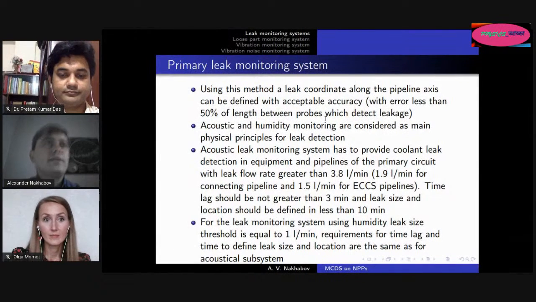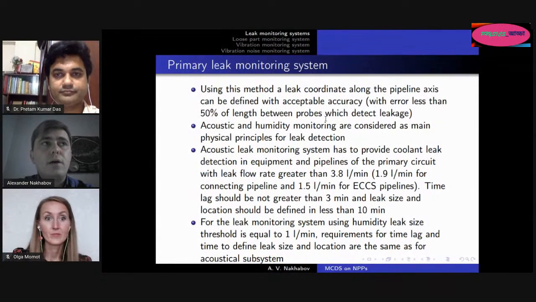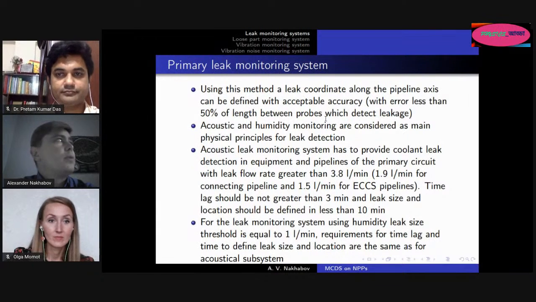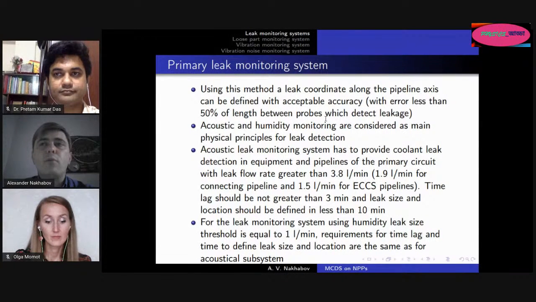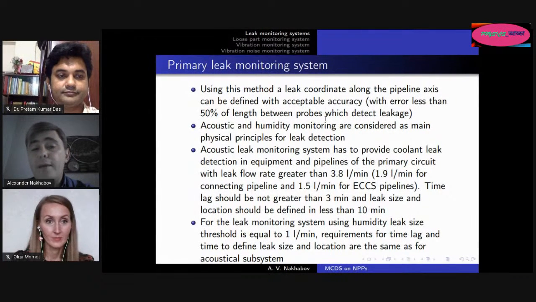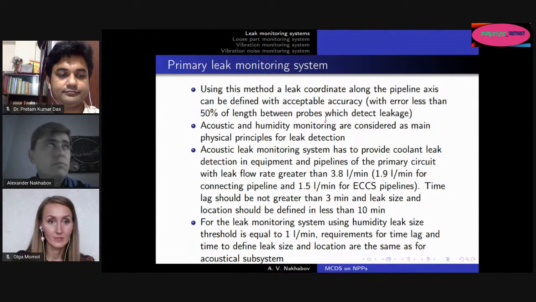But you should keep in mind that we have only this kind of method to detect leakages. Of course, in modern systems developers try to minimize error and maximize accuracy.